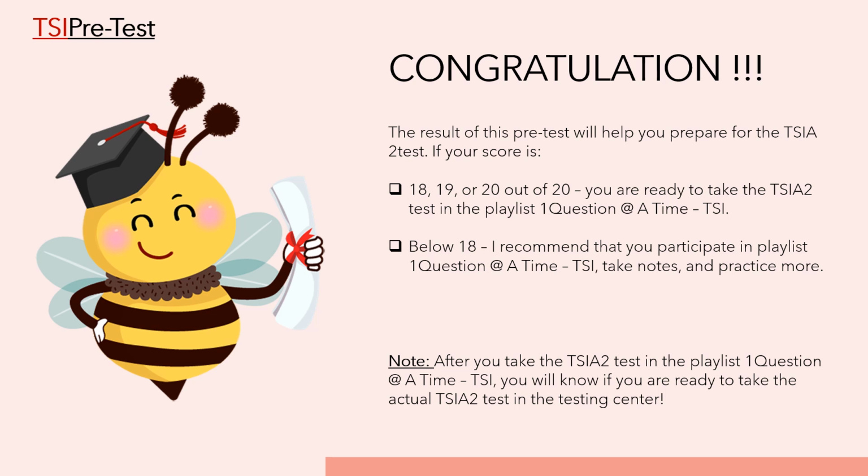If your score is below 18, I recommend that you participate in the playlist One Question at a Time TSI, take notes, and practice more. After you take the TSI A2 test in that playlist, you will know if you are ready to take the actual TSI A2 test in the testing center.